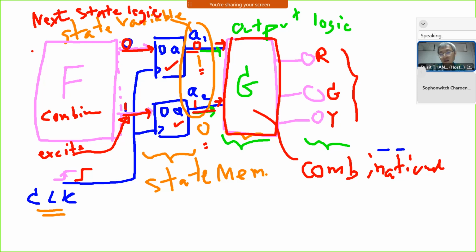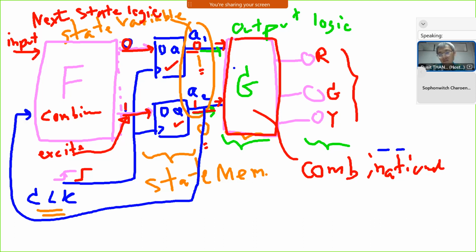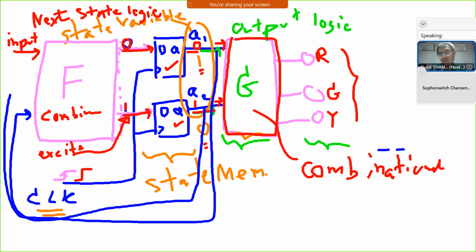Its input may come from an external input, or it may use input from the flip-flop, Q1, Q2. For example, an input may be named next or something like that.